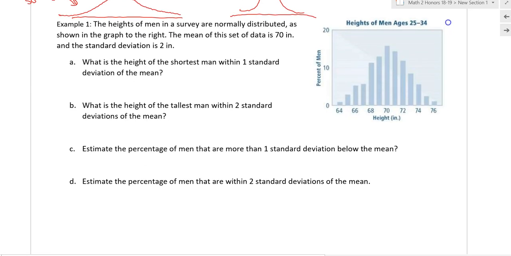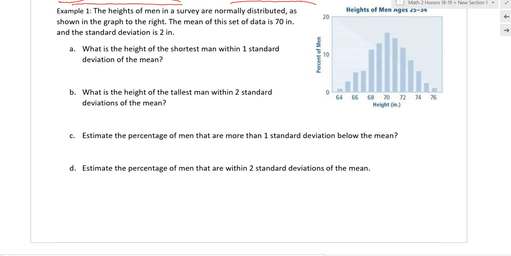Okay, example 1. The heights of men in a survey are normally distributed, as shown in the graph to the right. The mean of the set of data is 70, so that's important. We want to know about our mean. And the standard deviation is 2 inches.